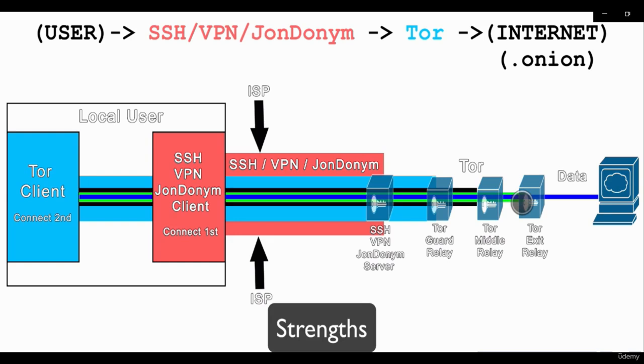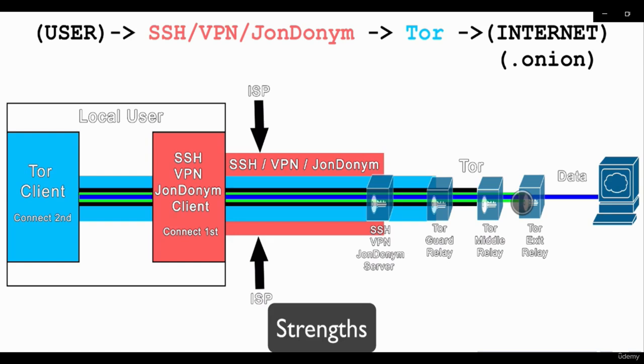Let's have an example, like if an attacker gains the Tor guard relay or passes the Tor middle relay and finally the Tor exit relay, and Tor stores activity of local user by incoming SSH, VPN, JonDonym attack.